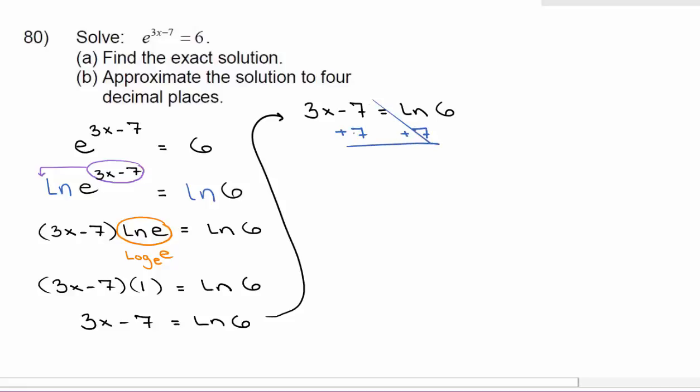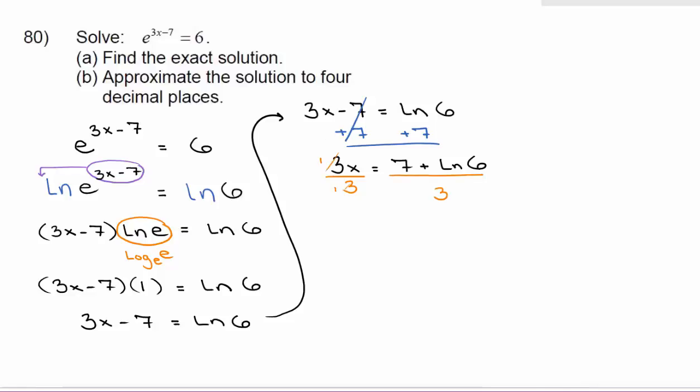Alright, so we're going to add 7 to both sides. And that's going to leave us with 3x equal to 7 plus the natural log of 6. Now I'm going to divide both sides by 3 to isolate the x. And the 3's are going to cancel out.